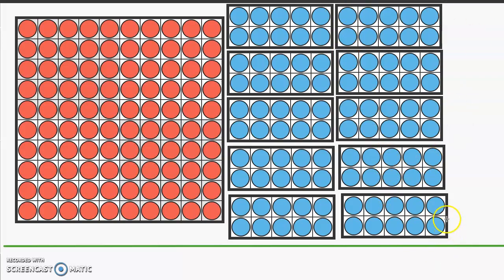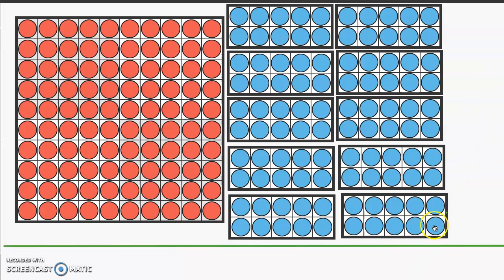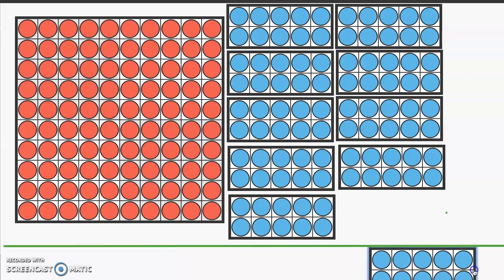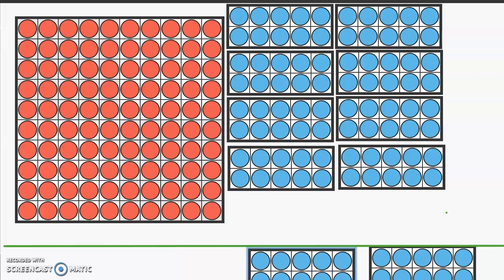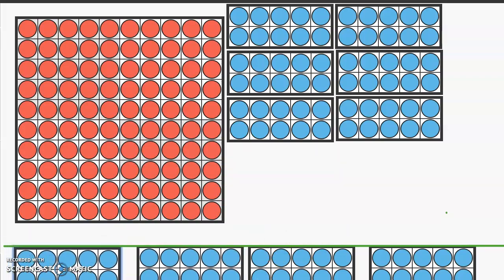Next, they will take away the 40, 1 ten, the second ten, the third ten, and the fourth ten. They would then recount. They got 100 and then 6 tens, so that would be 160.